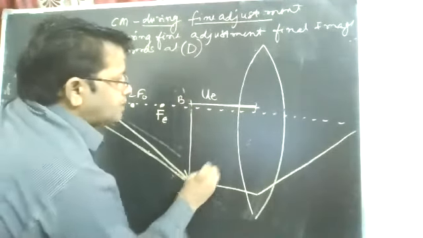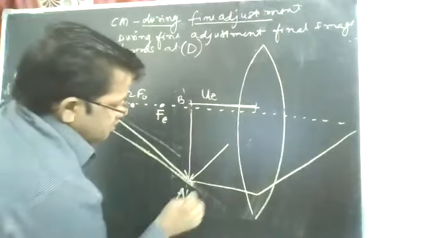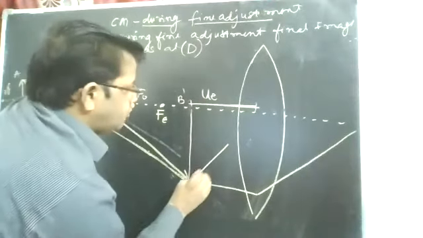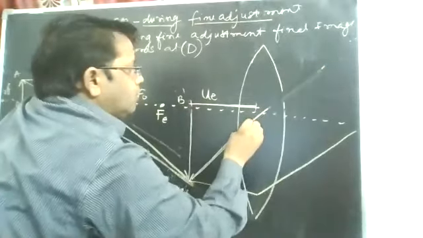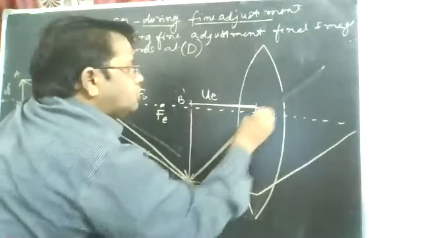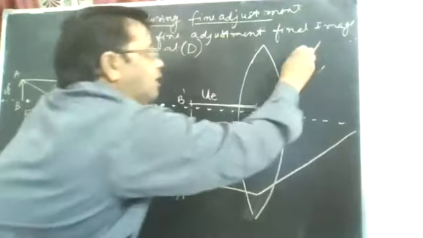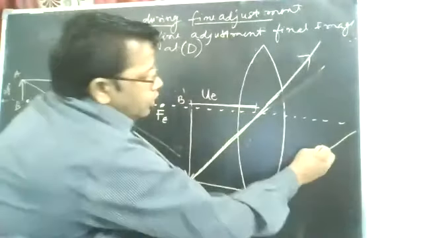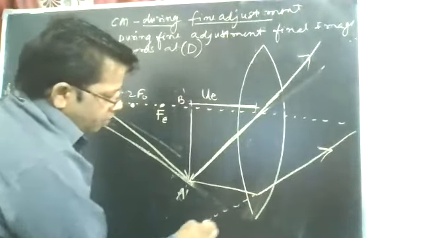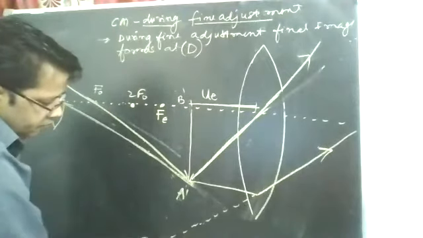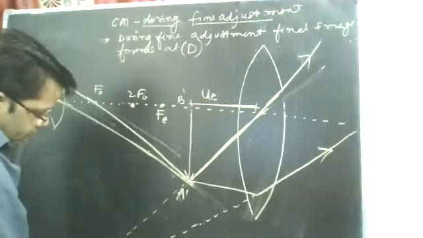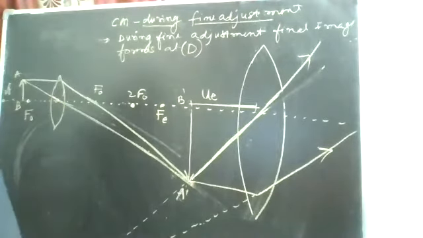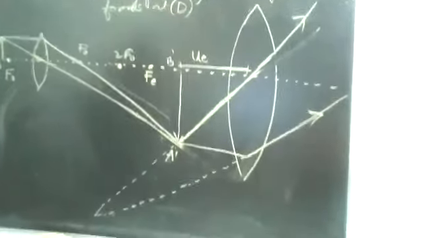The ray which passes through the center moves in a straight line. Now these two rays, if you produce them backward, they will cut here.